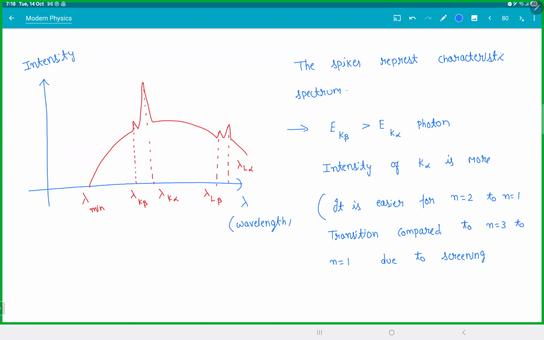That's the reason K gamma, we will not even write. It's pretty rare, a 4 to 1 transition. There is just too much shielding effect. Clear with this? These are the kind of theoretical questions they'll ask you: even though K beta has more energy per photon, why is the intensity of K alpha more? This is the graph you should remember, everyone. Check out the graph, and ask me if there's any confusion.